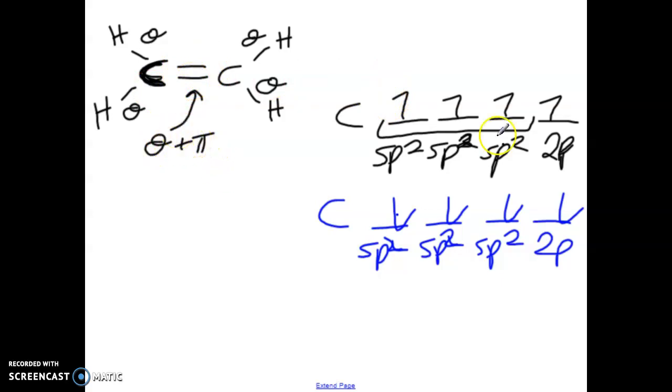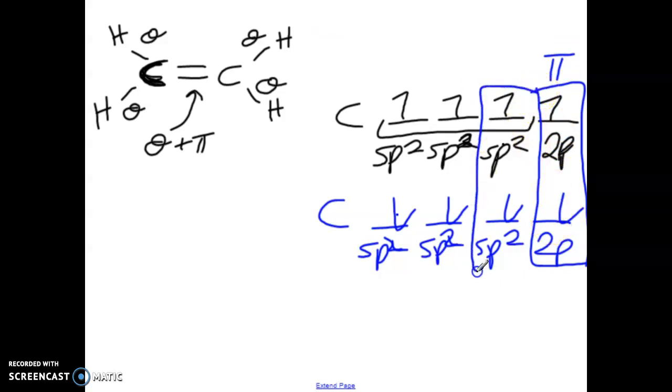So when I bond these 2 carbons together, I need the regular 2p's to be my pi bond, my side-by-side interaction. The overlapping hybridized ones are my sigma. Notice there are 2 rectangles between the 2 carbons. This is my double bond, a sigma and a pi.